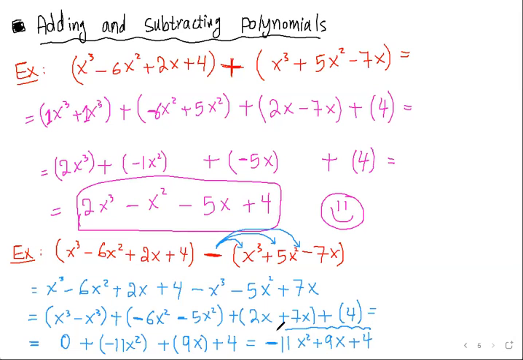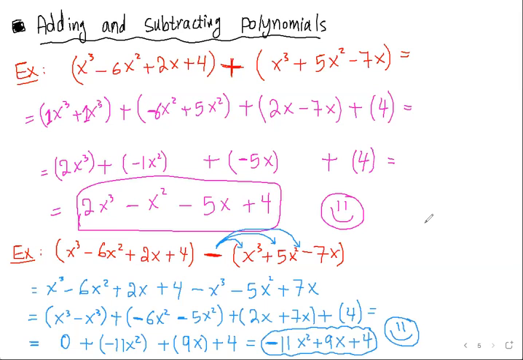This is the final answer. Any question? Any questions so far? How to add and subtract polynomials?